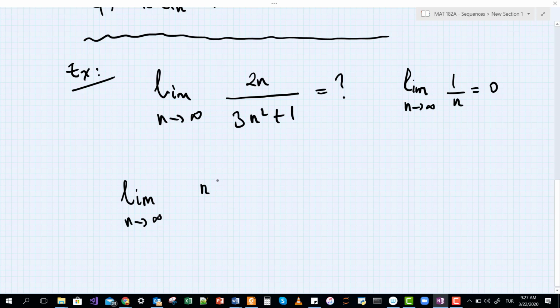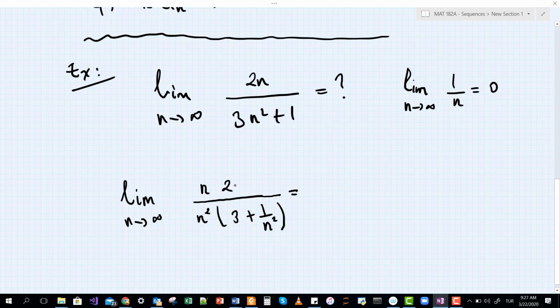First of all, look at that. I'm going to take the common term out, so that I can cancel them out, and then I can use the limit of 1 over n.